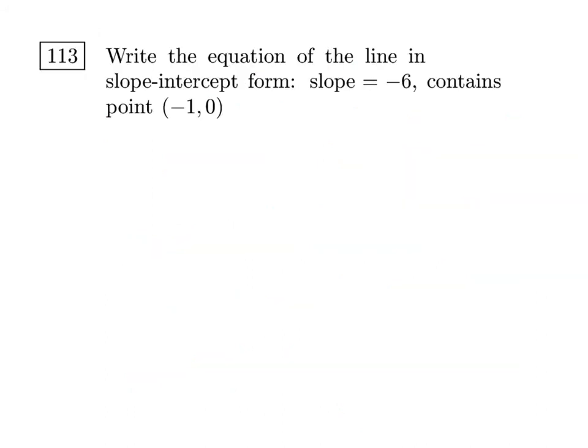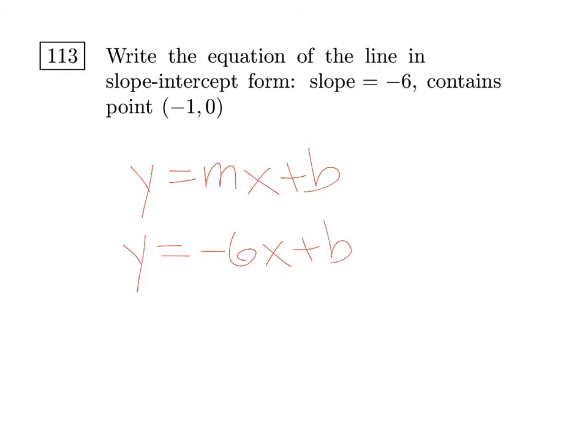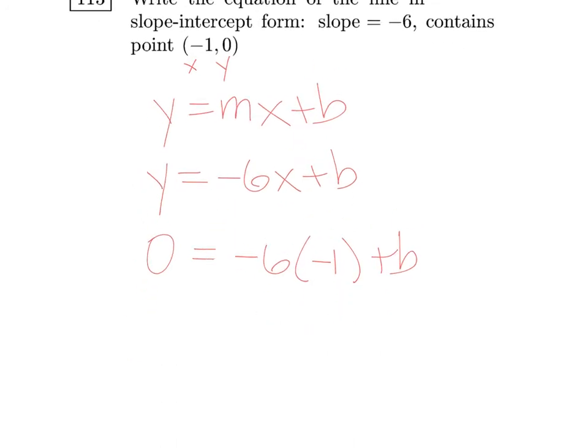All right, write the equation of the line in slope-intercept form. Slope is -6, and it contains that point. This is super simple. Y equals mx plus b. So y is equal to the slope, which is -6x plus b. And now I have x and y here. I'm going to solve for b. So 0 is equal to -6 times -1 plus b.